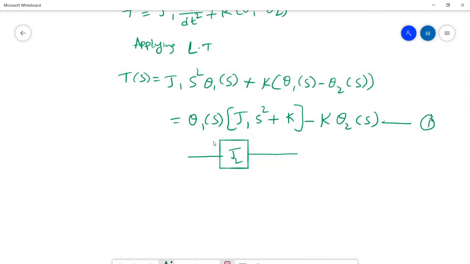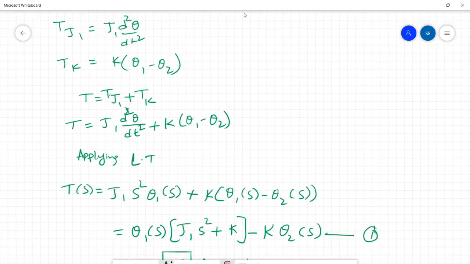Now we have to write all the torques with respect to angular displacement. The individual torques are torque due to J2, Tj2, torque due to K, Tk, and torque due to the dashpot B, Tb. What is the displacement on J2? We have theta 2.